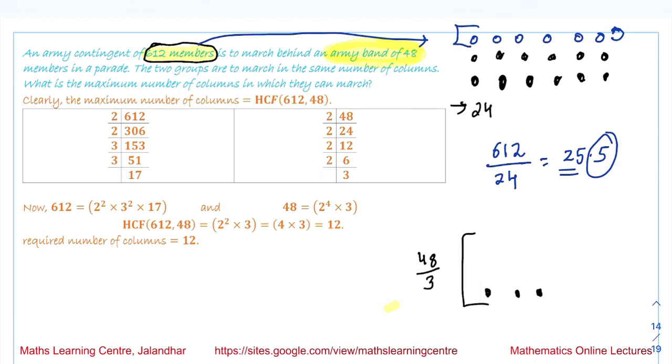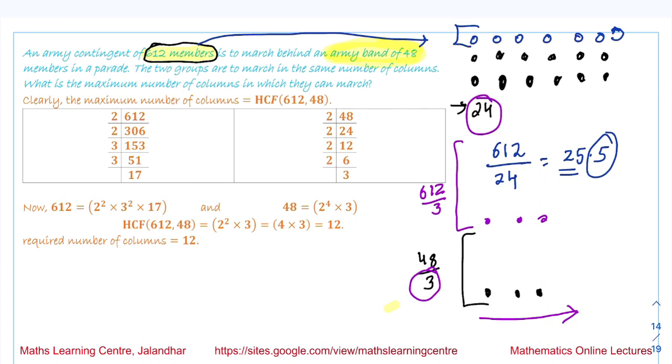And after this we place the army men, and how many rows will be formed? It is 612 by 3. So we have to find the maximum number of columns in which they can march. For the maximum number of columns, 3 is sufficient, 24 will not work. If I am talking about 4, it will work over here.